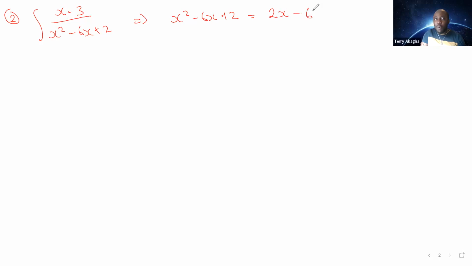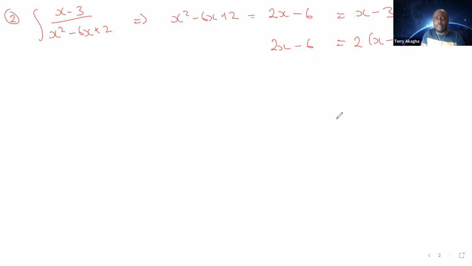But what we're looking for is x minus 3. What is the difference between both of them? It's 2. So if I multiply x minus 3 by 2, it gives me 2x minus 6.